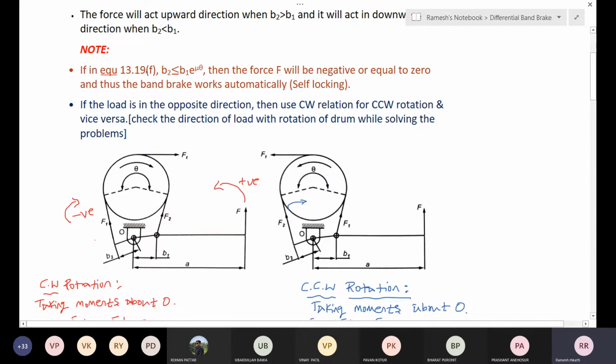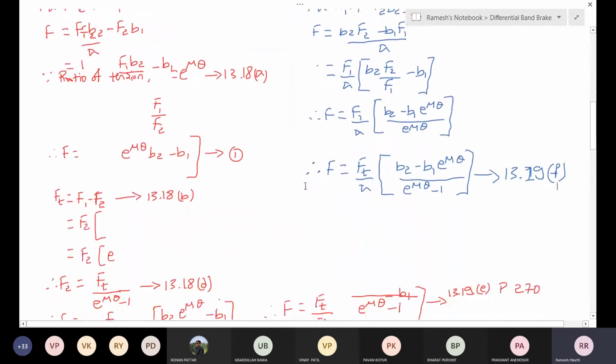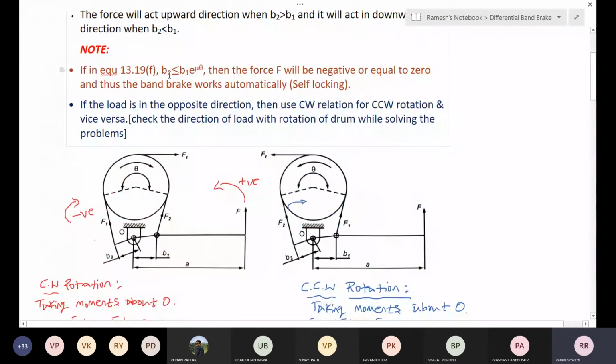In the equation 13.19 F, if the b2 value is less than or equal to b1 into e raised to mu theta, at that time whatever the force we are going to obtain will be negative, or it will be equal to 0.